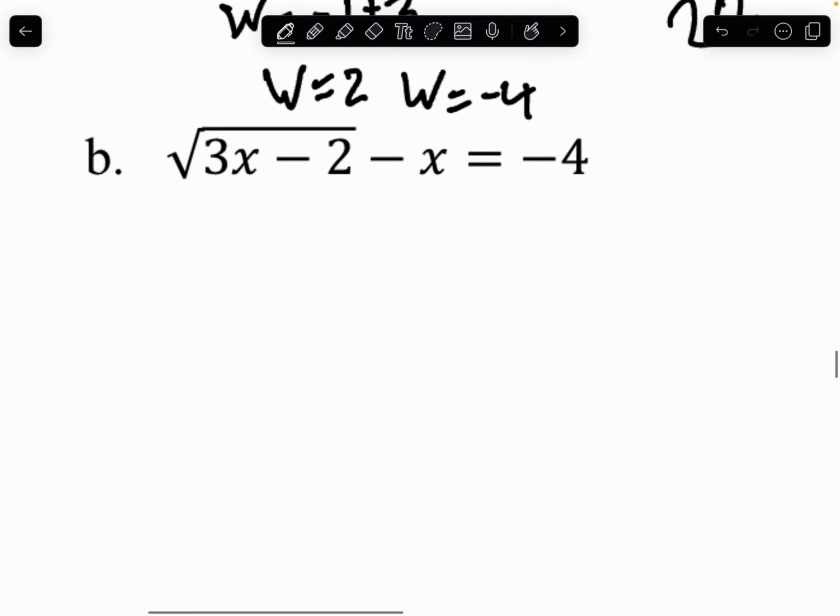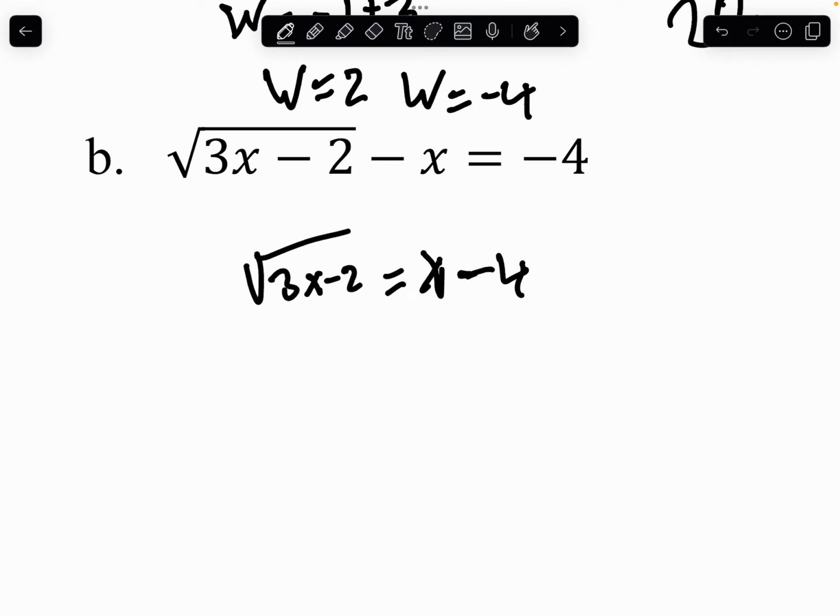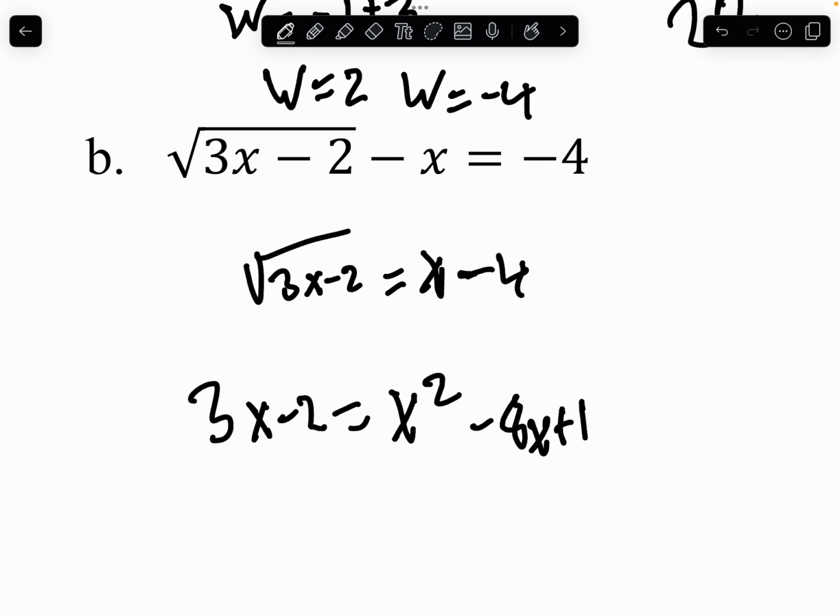Alright, next problem. We'll add x to the other side, so we'll get 3x minus 2 equals x minus 4. Square both sides, so we get 3x minus 2 equals x squared minus 8x plus 16.